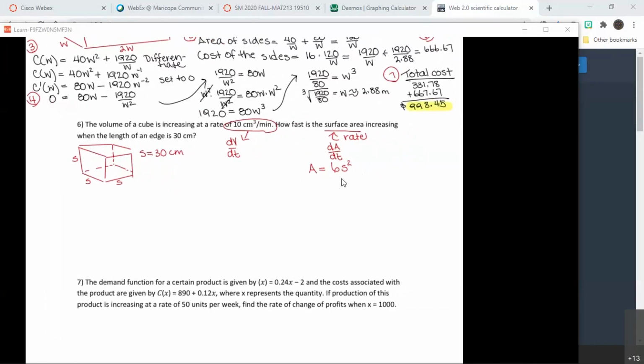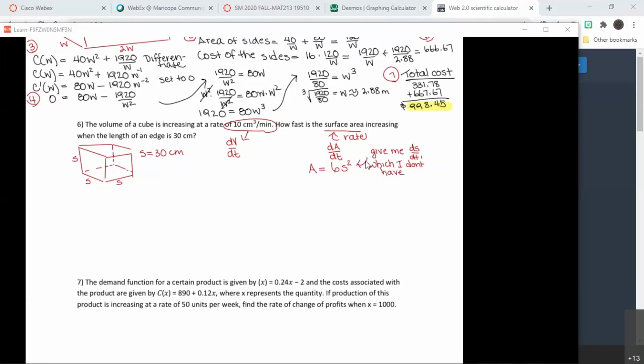Both of these are functions of time. If I differentiate this side, I'm going to get dA/dt, which is what I want. But if I differentiate this side, it's going to give me dS/dt, which I don't have. Why do I get dS/dt?